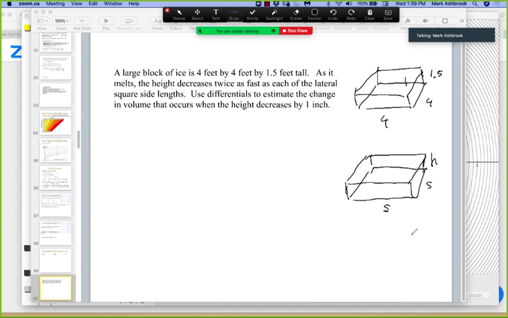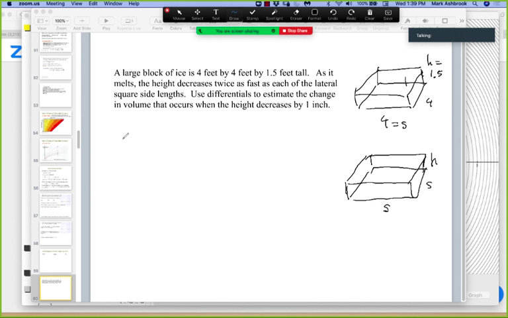All right. So this is really what's happening because S and H are varying as this thing melts. But then in a snapshot at the point we're interested in, we'll be looking at this particular case where S equals 4 and H equals 1.5. Notice that the height decreases twice as fast as the lateral sides.